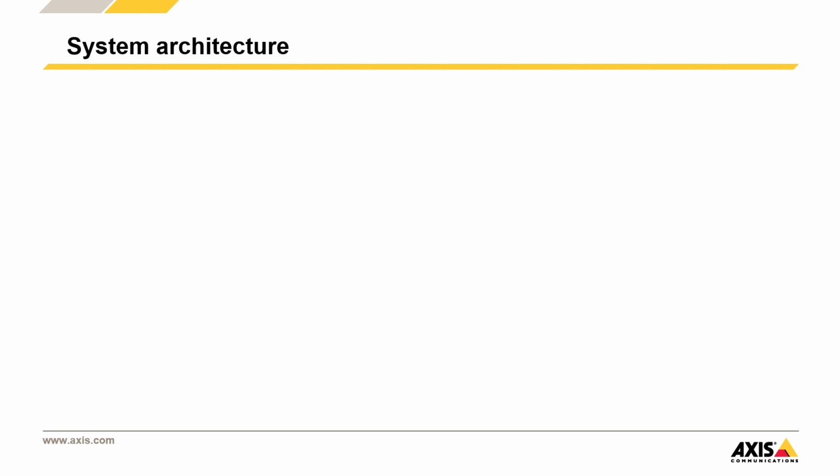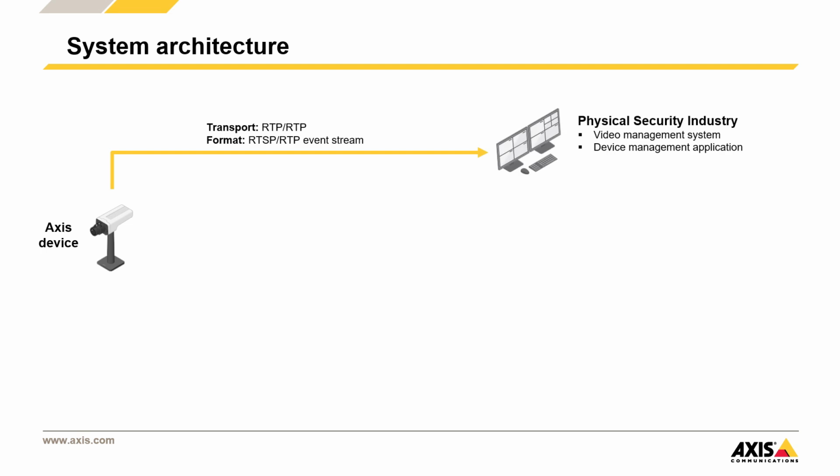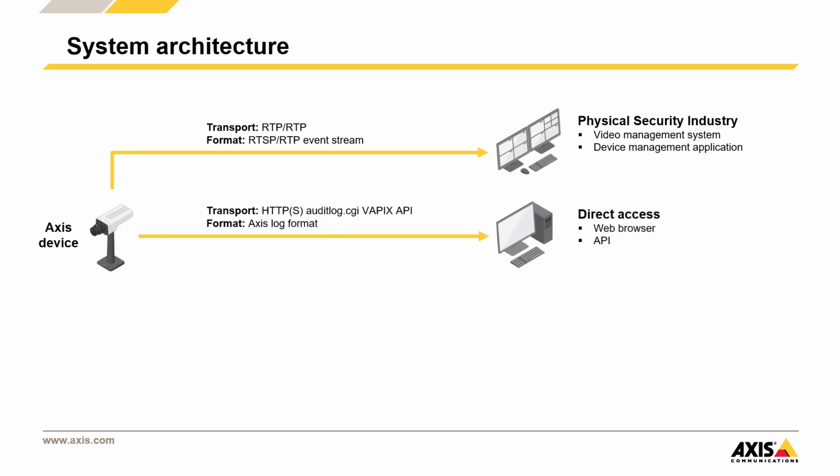Let's take a look at the overall system architecture. Access devices support multiple methods for accessing and delivering audit logs, which allows them to integrate smoothly into different systems. Since Access devices are often integrated into a VMS or device management application, we can provide audit logging through the existing event stream. Audit logs can be accessed directly over HTTP or HTTPS using the VAPIX Audit Log API.